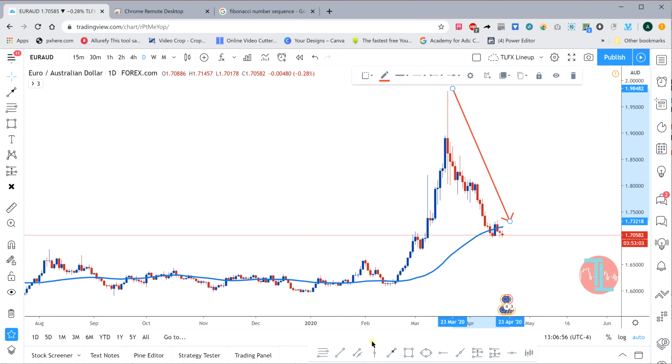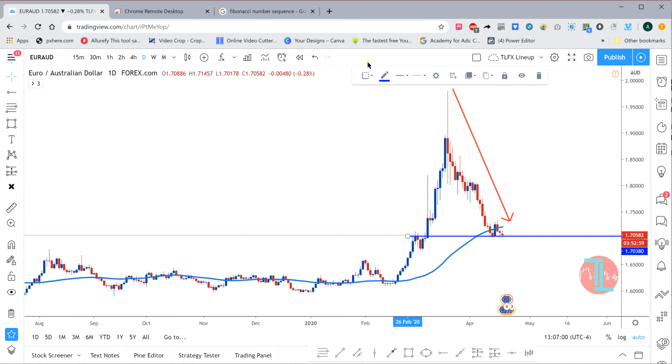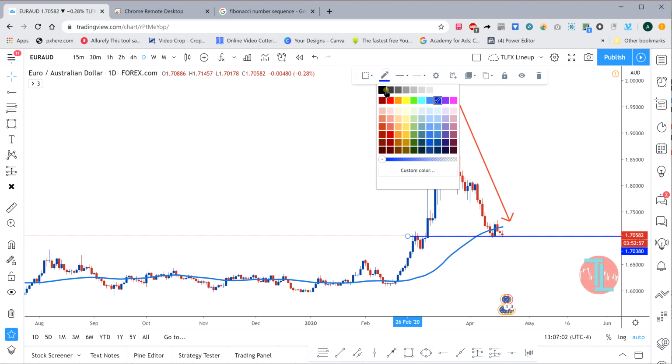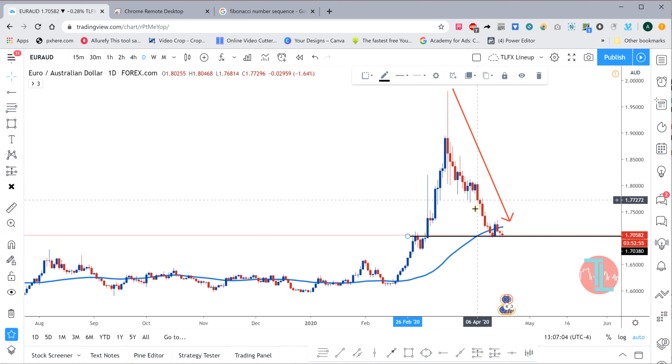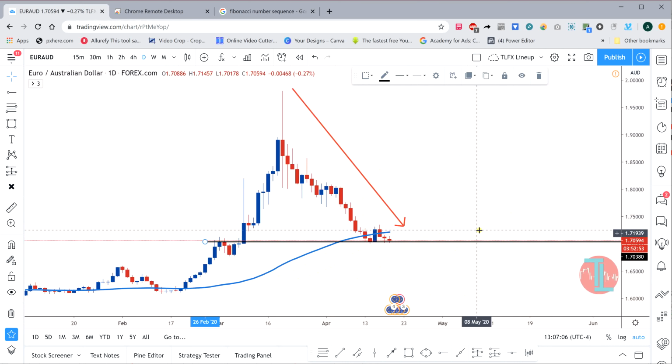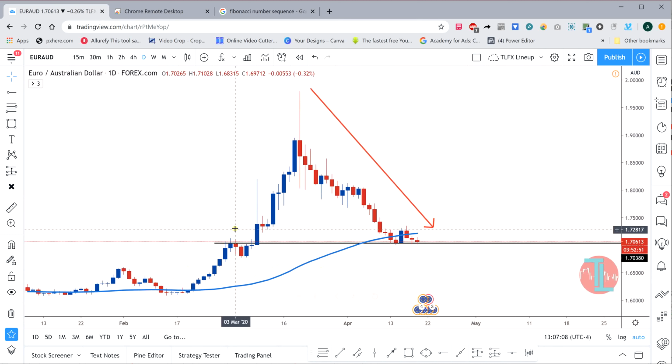Let's go ahead and mark it, guys. This is real stuff. Real simple stuff, but you've got to pay attention. Here's why. Former ceilings become new floors. Former floors become new ceilings.